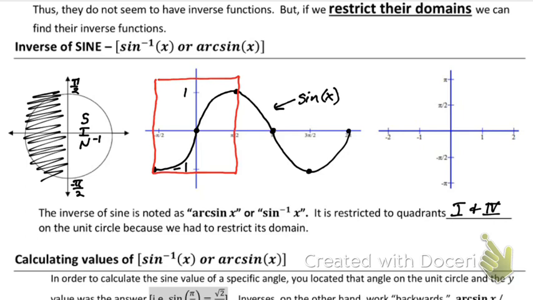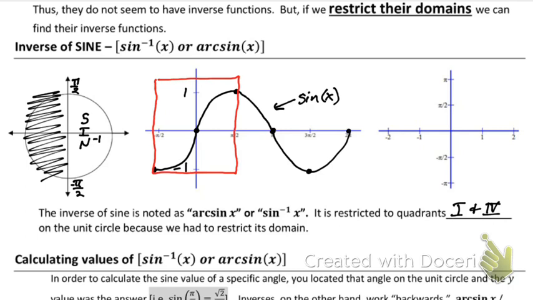To graph an inverse, you just need to find key points and flip your x and y values. That is how you graph an inverse. So you find your x and y values, you flip them, and plot them over here. So for example, this point right here is (-pi/2, -1), in that order. Your x value is -pi/2, and your y value is -1. Flip it. Your x becomes -1, and your y becomes -pi/2.